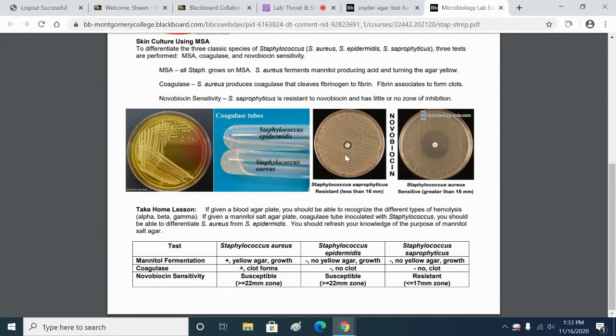But the majority of students, people in general, have Staph epidermidis on their skin. About a third of people have Staph aureus, and then just a small percentage have saprophyticus. The largest group is epidermidis, which is why the name is epidermidis, right? It's found on the skin.